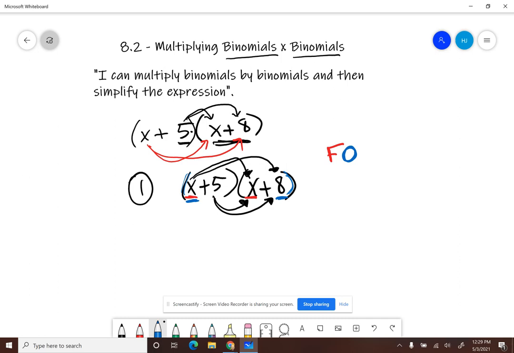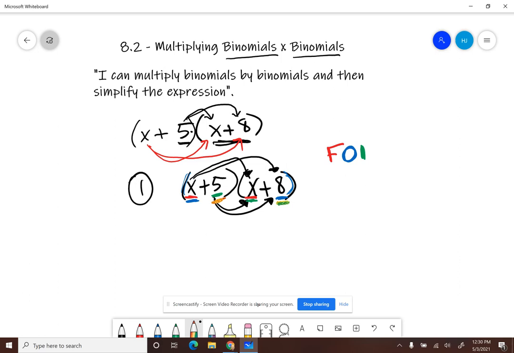This may be coming back to your memory now, I'm not sure. But next we're going to be taking the 5 and we're going to be multiplying that times the x, okay? So if x and 8 out here were outer terms, then what would you call these terms inside of here? Well, if you guessed inner terms, then you're absolutely correct, okay? And then the next one that you're going to do is you're going to take the 5 and the 8 and multiply those two things together.